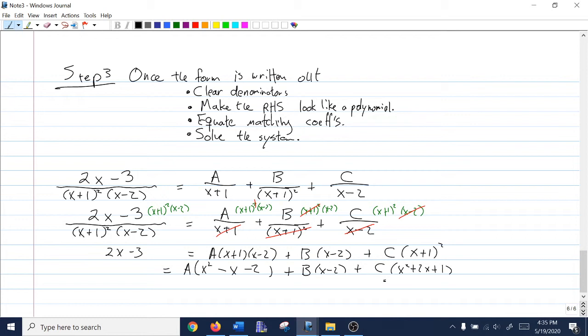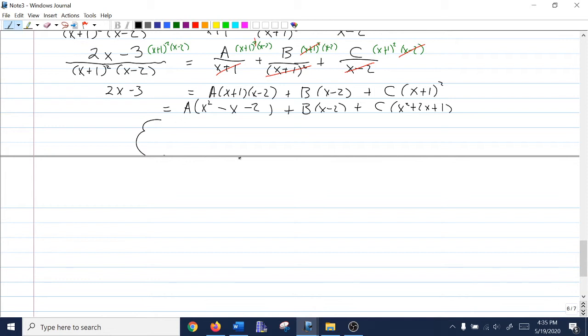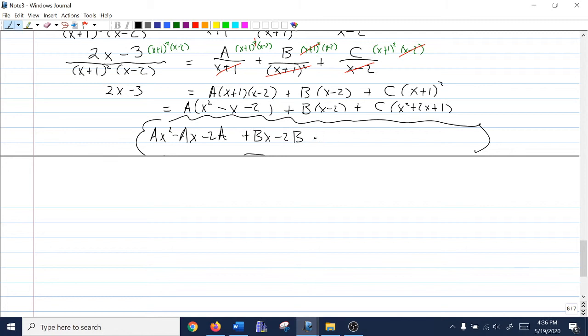If I distribute the a and the b and the c in, what do I get? Here's a step that you usually don't write out. I'll write it out this time so you can understand what's going on when we do this in our heads later. I get ax squared minus ax minus 2a plus bx minus 2b plus cx squared plus 2cx plus c.